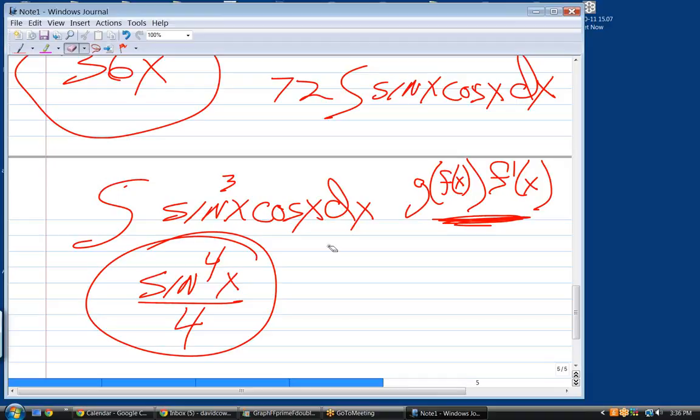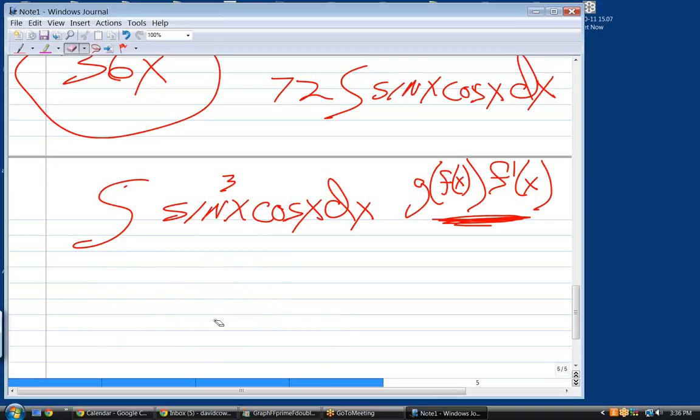Now, there's a prettier way to show you this using U substitution. And I wish I had time to do it, but we can maybe talk about that next Sunday. Okay. It's definitely something I'd like to cover with you. I didn't solve this by using U substitution, but that's the best way to understand it.